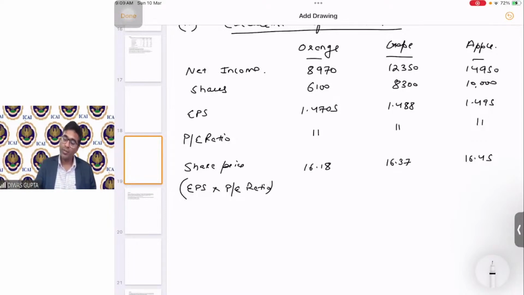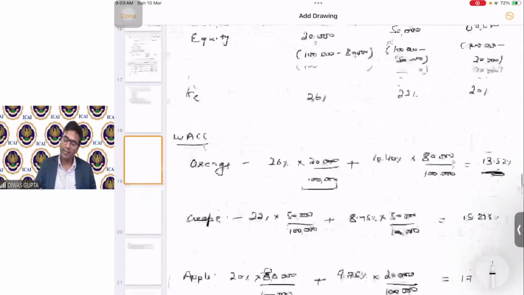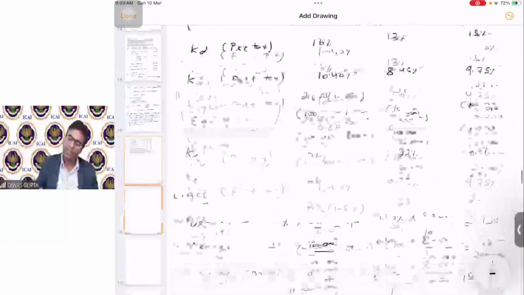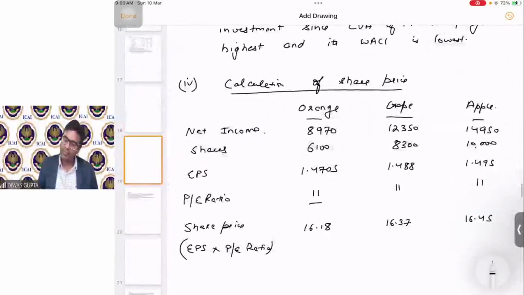And there is one more subpart in this. What it is saying is, is it justified to use the same PE ratio? Tell me, students. See, we have used the same PE ratio. Is it justified? We think it's not justified. Reason being, all of them have different capital structures.